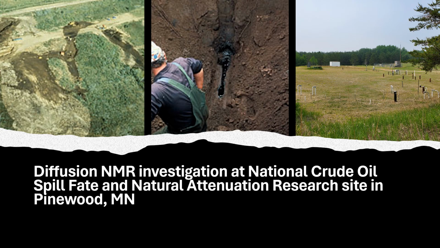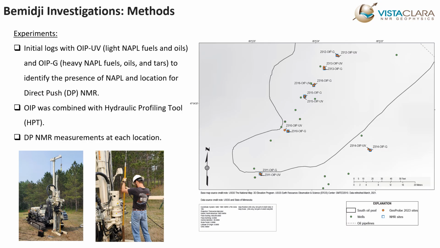The focus of my talk today will be on a diffusion NMR investigation at the National Crude Oil Spill Fate and Natural Attenuation Research Site in Pinewood, Minnesota, and to many of you this site is known as the Bemidji Crude Oil Spill Fate Site. This study was done in collaboration with Geoprobe, and the investigation was conducted at the south plume area.